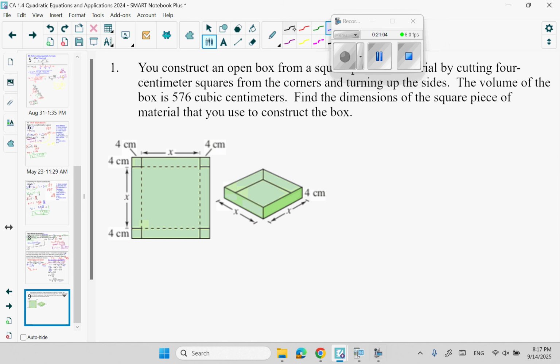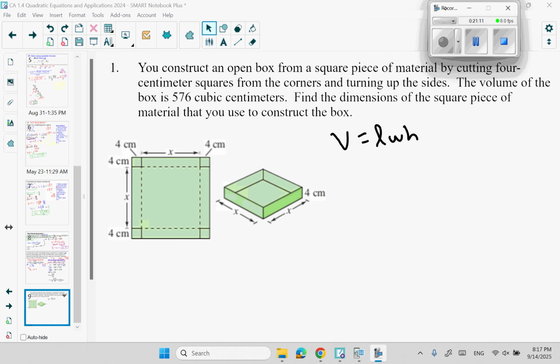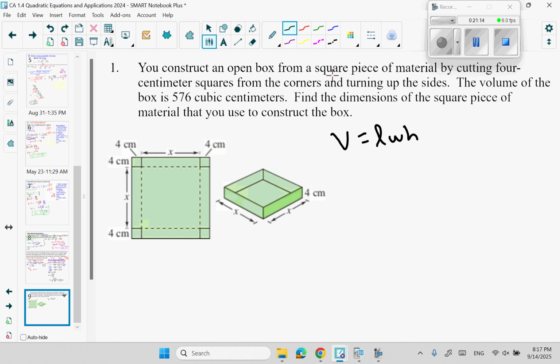Well, volume is length times width times height. And we know that this is a square piece of material. So I know that my new dimensions have to be equal to each other. I don't necessarily know what they are, so for the sake of argument, I'm going to call my length x and my width x, but I do know that when folding that up, I have a height of 4.